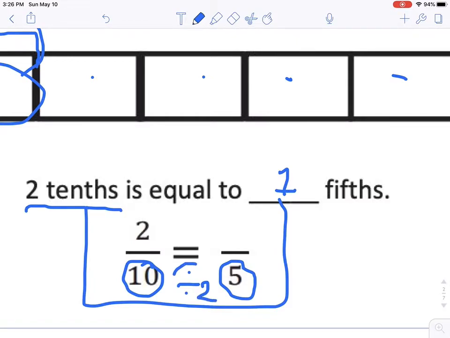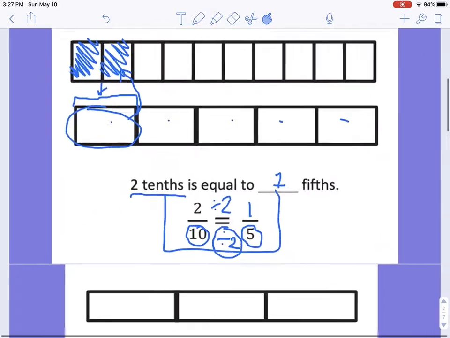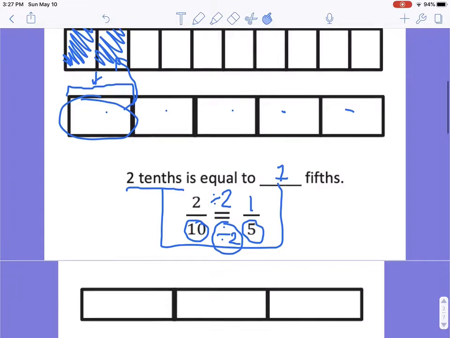Since I did this on the bottom, I'm doing the same thing on the top to give me my answer. 2 divided by 2, 2 fits into 2 one time. So 2 divided by 2 is 1. So I know that 2/10 is equivalent to 1/5, and that makes sense here in our picture. Okay, let's keep going to the next one.